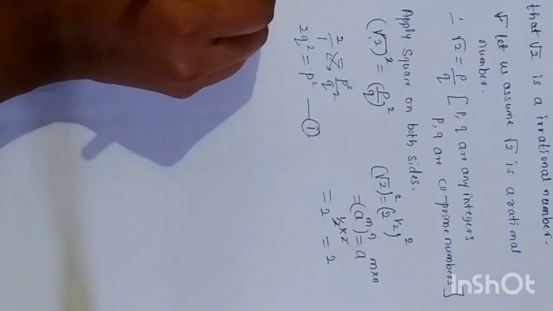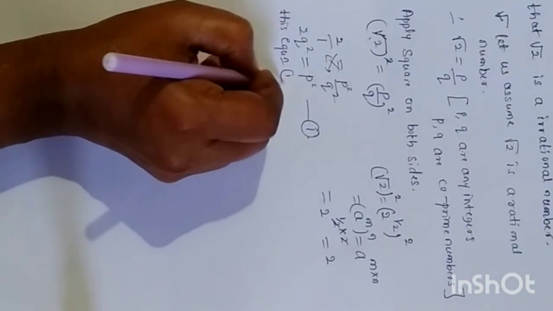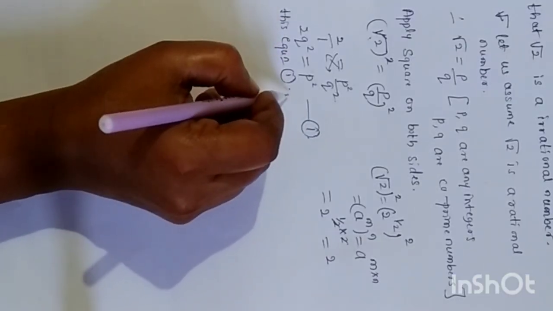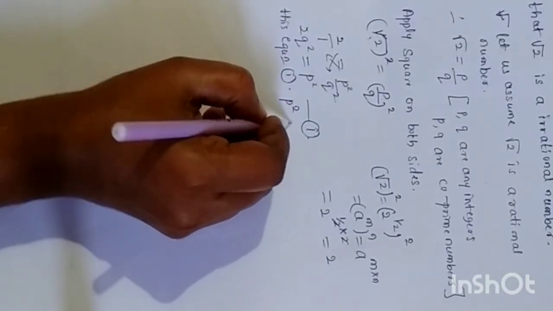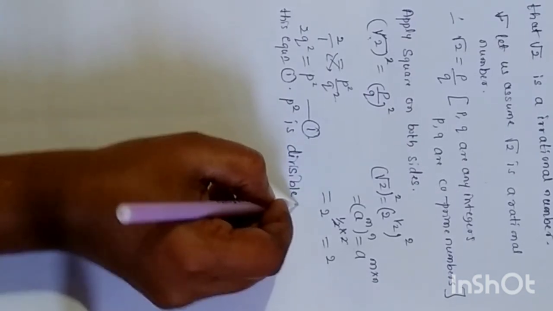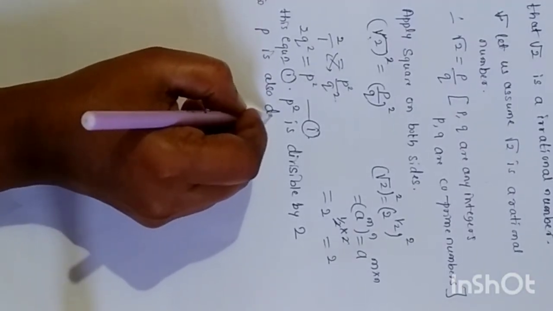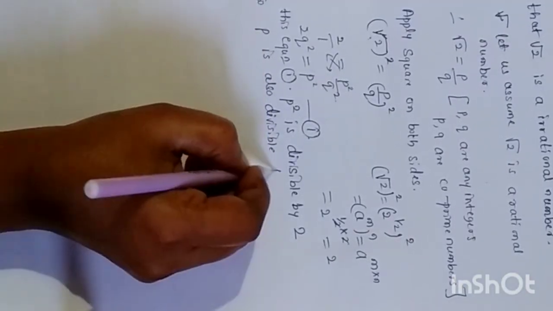And from this equation number 1, we conclude that p square is divisible by 2. So p is also divisible by 2.